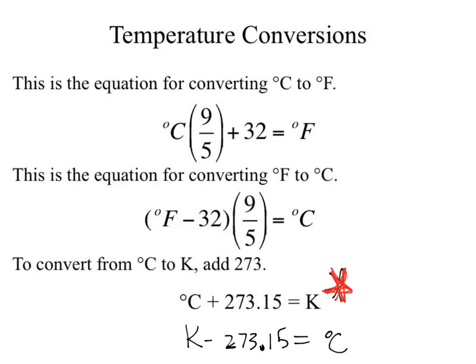Does anybody happen to know where the mistake is? 5 over 9. 5 over 9 where? Where there's the 9 over 5. Which one? There's 2 of them. One of them is correct. This is why I hate this stupid conversion. I never remember which one it is, 5 over 9 or 9 over 5.